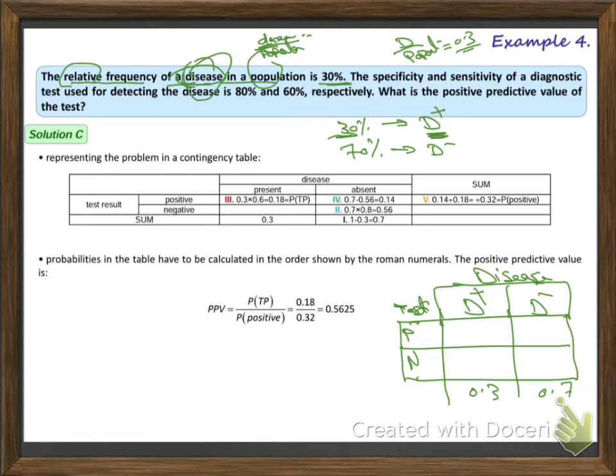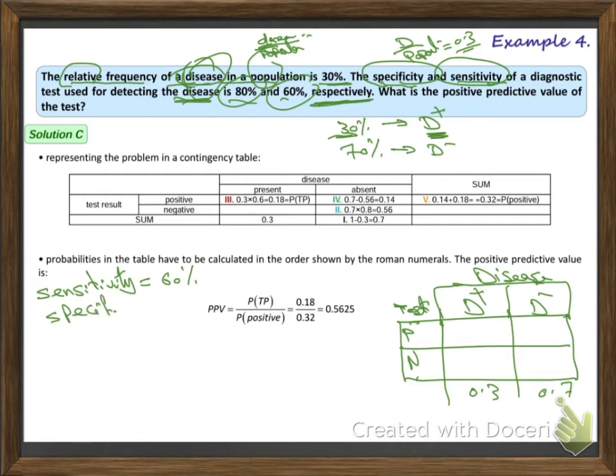Then he gave me the specificity and sensitivity of a diagnostic test for detecting the disease, which are 60 and 80, respectively in order. Specificity came first, so specificity is 80%. Sensitivity came second, so sensitivity is 60%. So sensitivity equals 60%, specificity equals 80%.